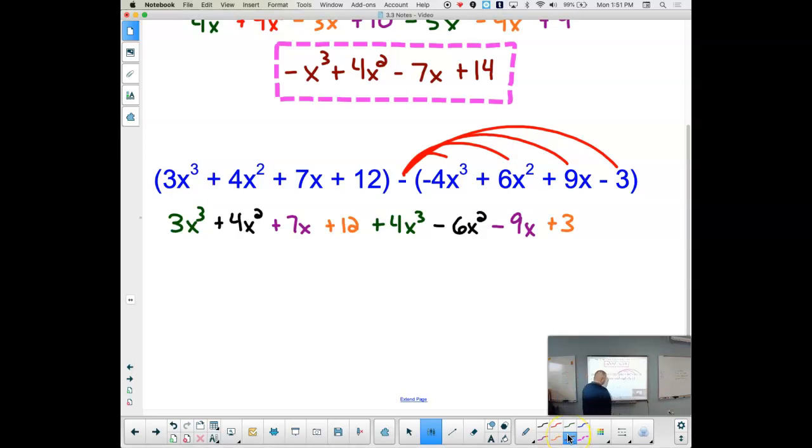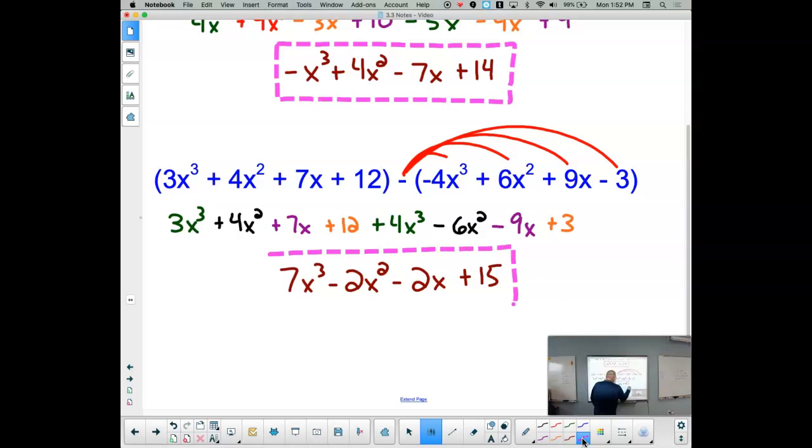Combining them gets me, so the green terms give me 7x cubed. The black terms give me minus 2x squared. The purple terms give me minus 2x. The orange terms give me plus 15. And I have simplified by combining like terms.